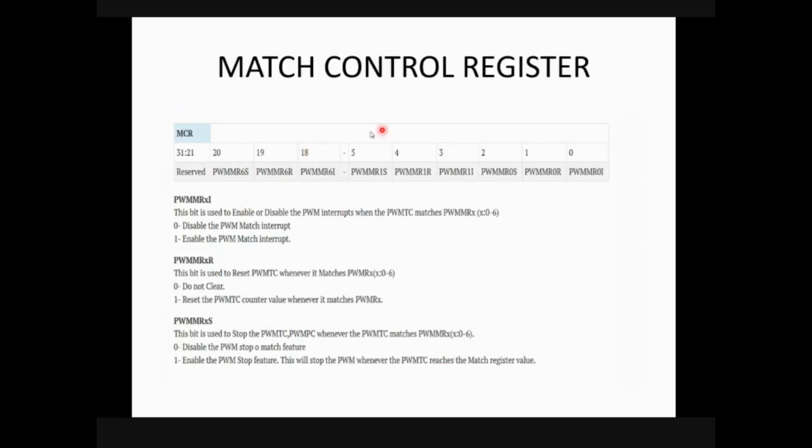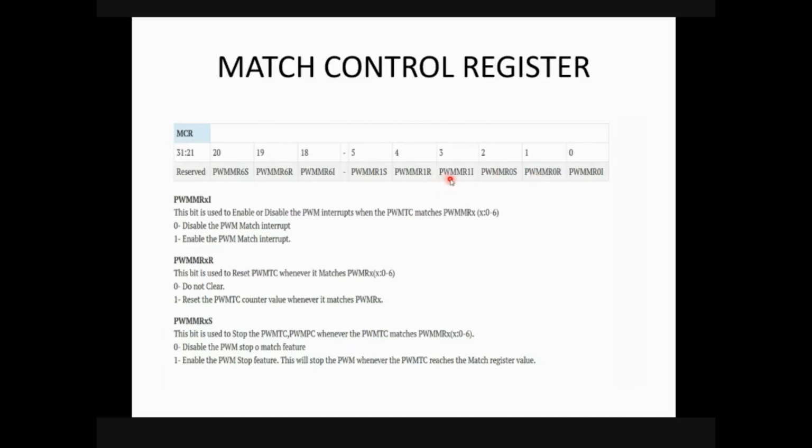The next register is the match control register. It is also a 32-bit register, 0 to 31. Please concentrate on the slide. You can make out here that bit 0 is PWM MR0I, bit 1 is PWM MR0R, bit 2 is PWM MR0S. These first 3 bits are dedicated to the MR0 register, match register 0.